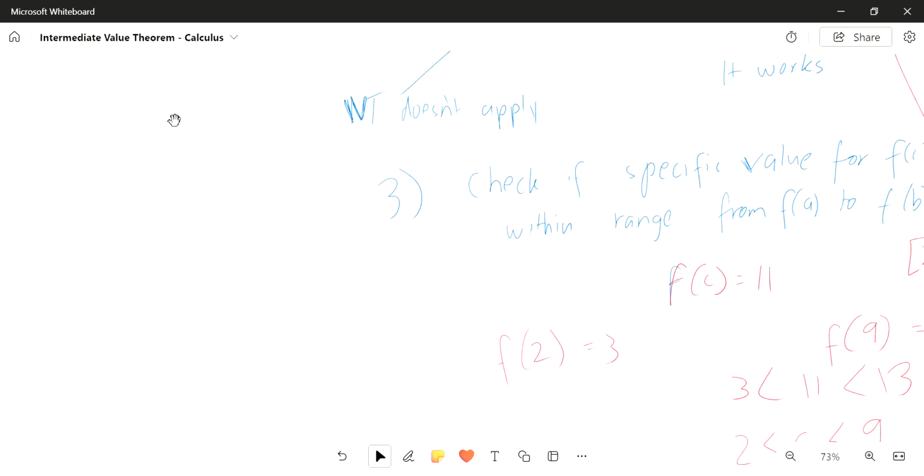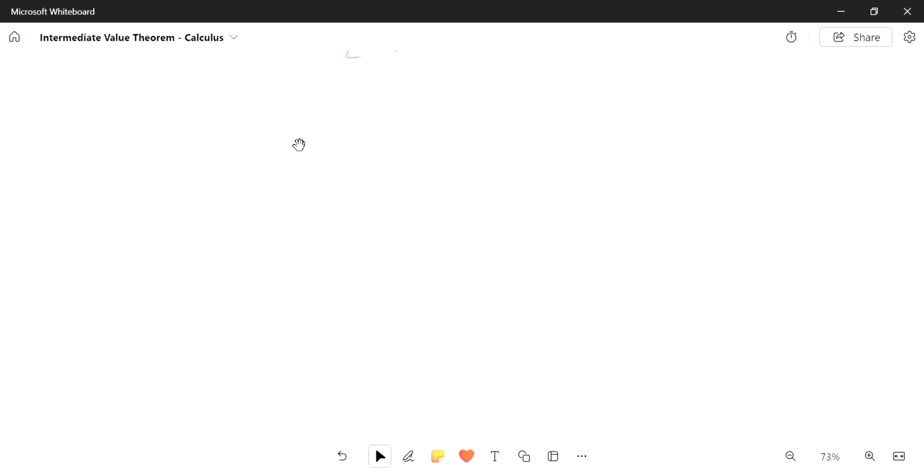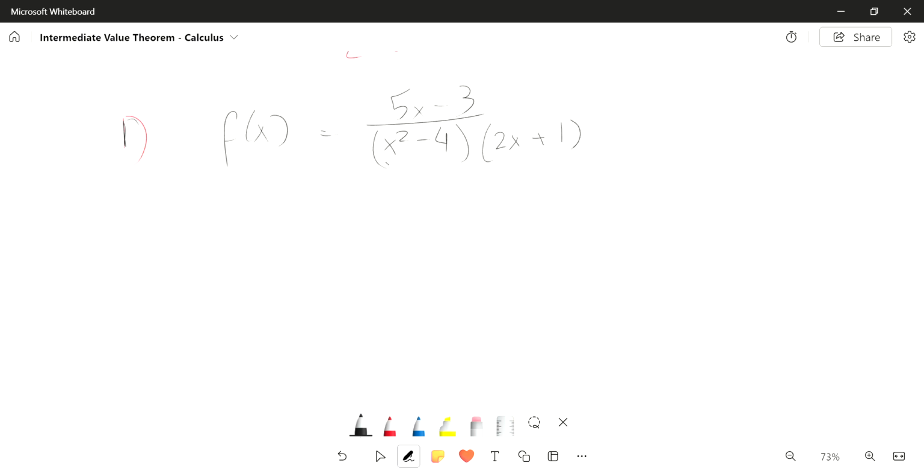So to actually put the IVT into action, let's start an actual question. Take the function f of x equals 5x minus 3 over x squared minus 4 times 2x plus 1.